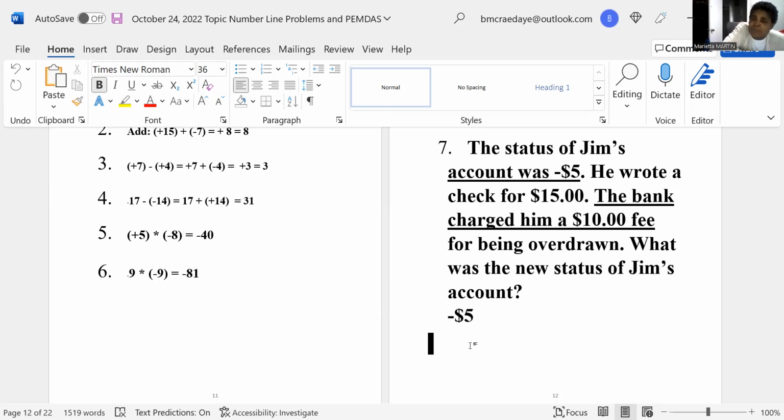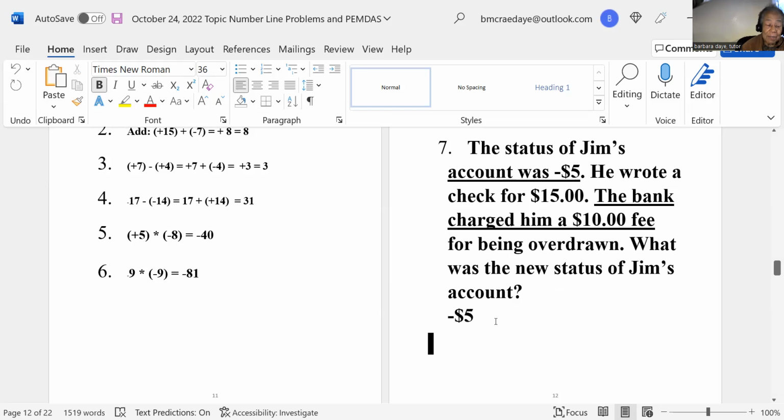Then the bank charged a $10 fee. So altogether he owes $15.